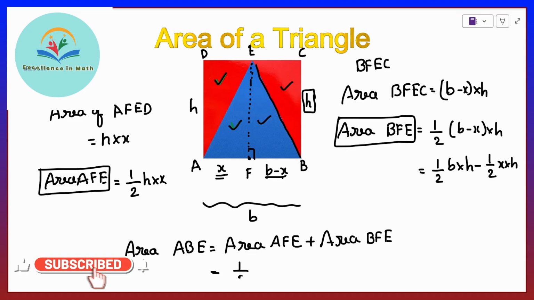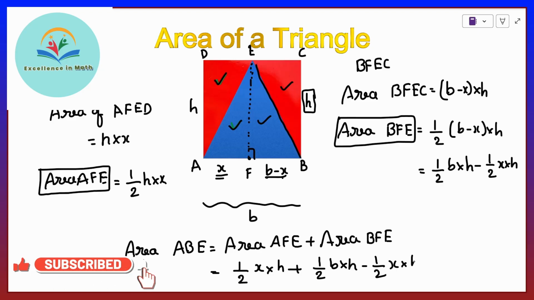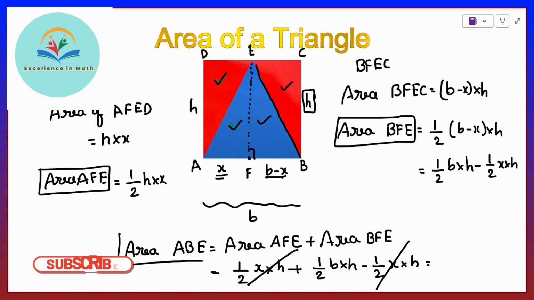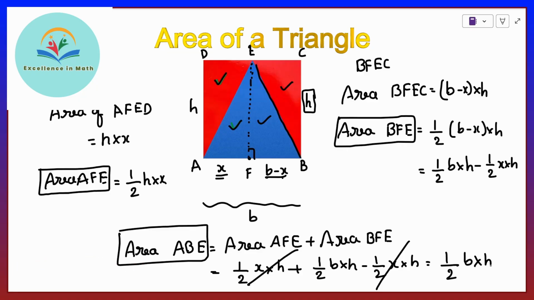That is half of X times H plus half of B times H minus half of X times H. By cancelling these two parts, we get the area of triangle ABE equal to half of base times H. So we need not memorize any formula related to geometry. We can build a strong foundation by visualizing the concept instead of memorizing.